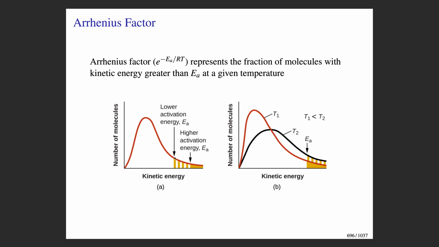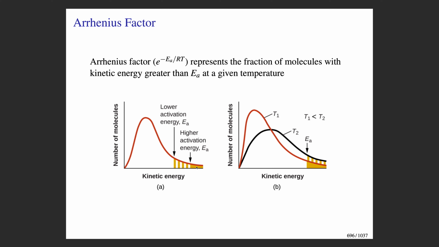Now, if you were to lower the activation energy, so if this vertical line was to represent the activation energy for the reaction, then the area beneath the curve is represented by the Arrhenius factor, and you see that at a smaller activation energy, a greater fraction of the molecules in your sample are going to be able to overcome the barrier.